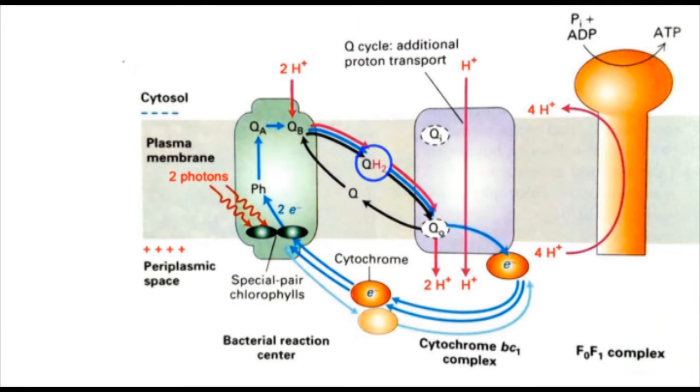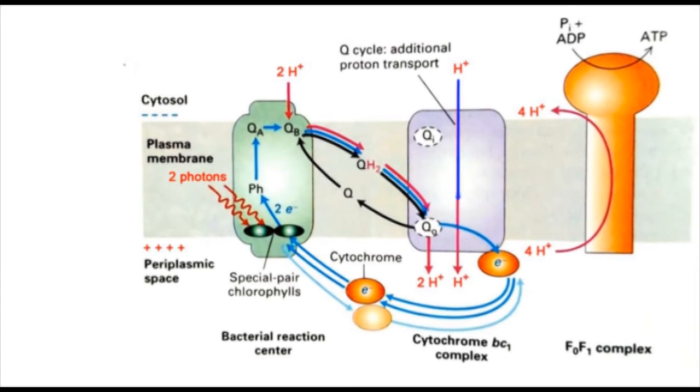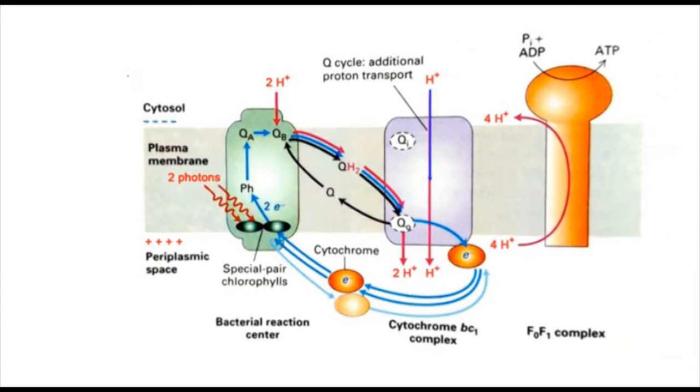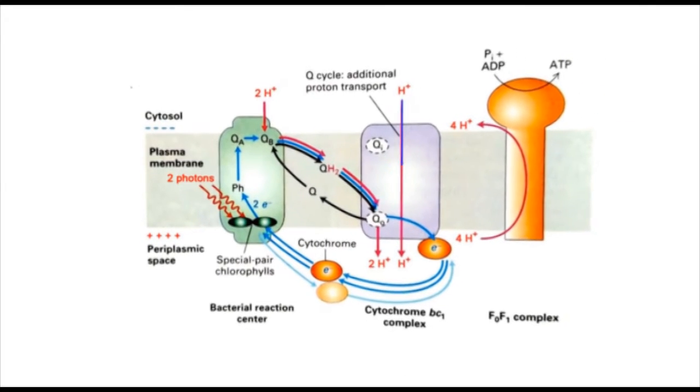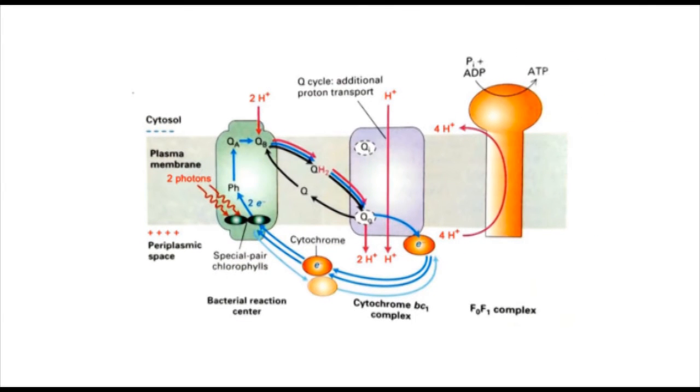Simultaneously, QH2 releases its two electrons, which move through the cytochrome bc1 complex, just like that in the mitochondrial complex 3. The Q cycle in the bacterial reaction center, like the Q cycle in mitochondria, pumps additional protons from the cytosol to the periplasmic or the intermembrane space, thereby increasing the proton motive force.